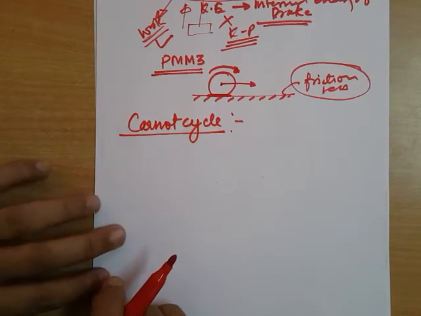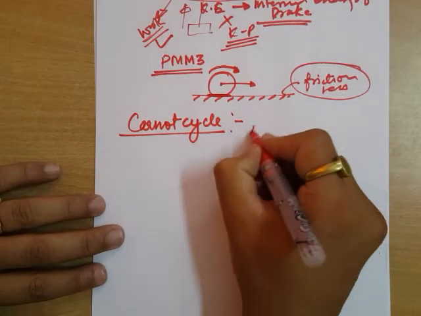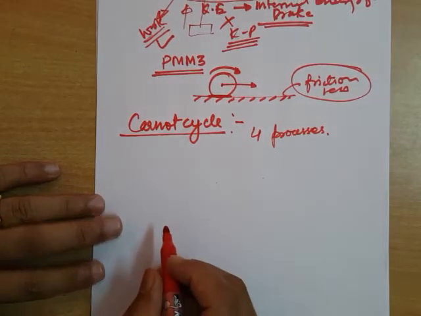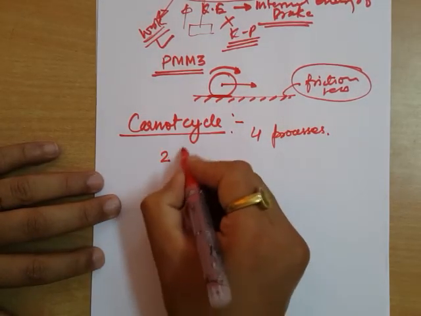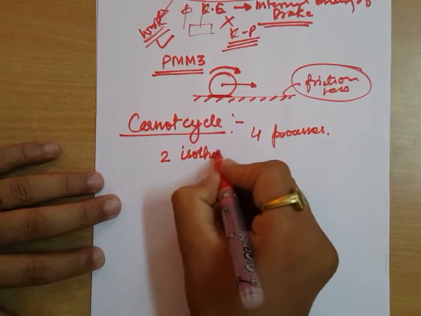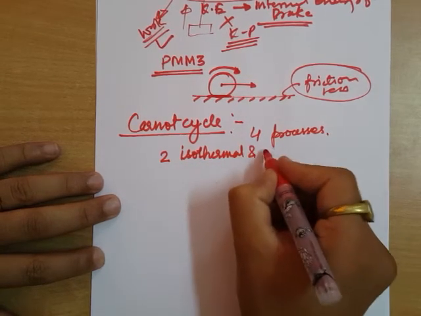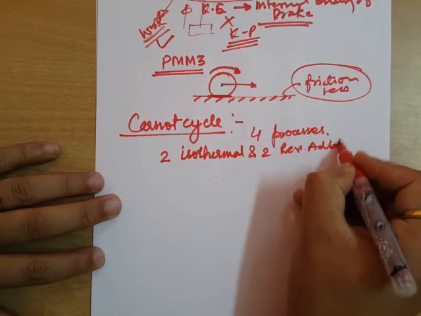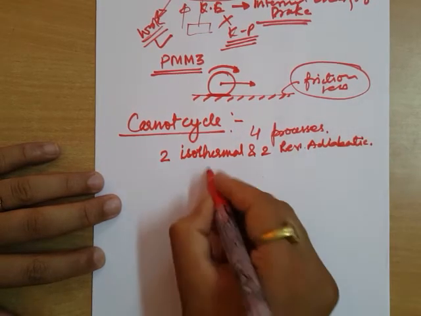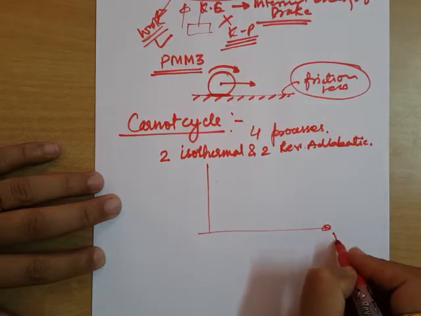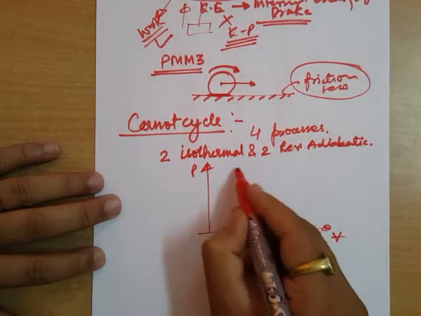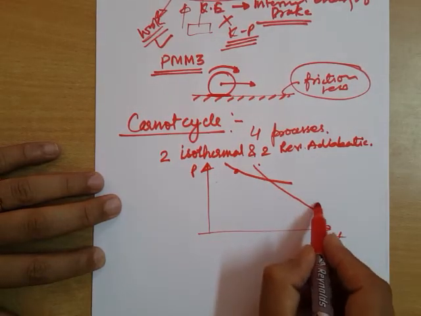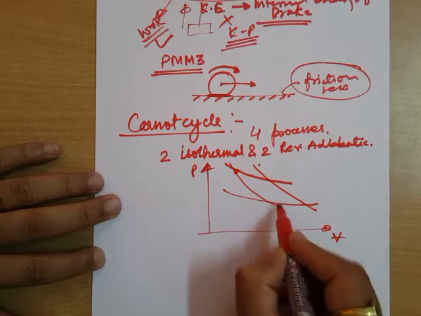So what is a Carnot cycle? Carnot cycle is a combination of four processes. What are those four processes? Two isothermal and two reversible adiabatic. If we plot this onto a PV plane, it will be like this. This is one isothermal, this is adiabatic, this is another isothermal, and this is adiabatic.